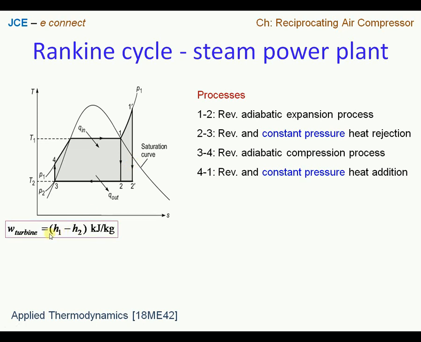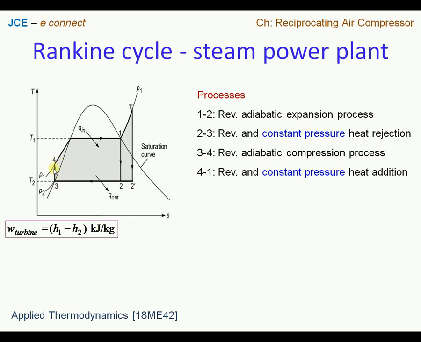So we have the turbine work on a per kg basis, which is given as H1 minus H2, enthalpy 1 minus enthalpy 2. Depending upon the pressure and temperature at state point 1 and state point 2, one can refer to the steam table and get the values of enthalpy 1 and enthalpy 2. This is in kilojoule per kg, so a unit mass basis.